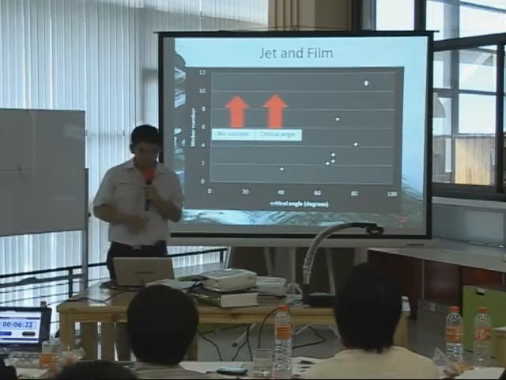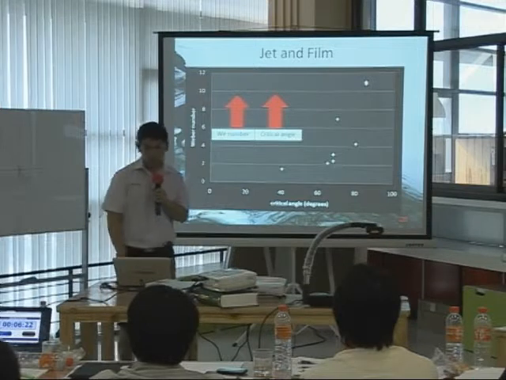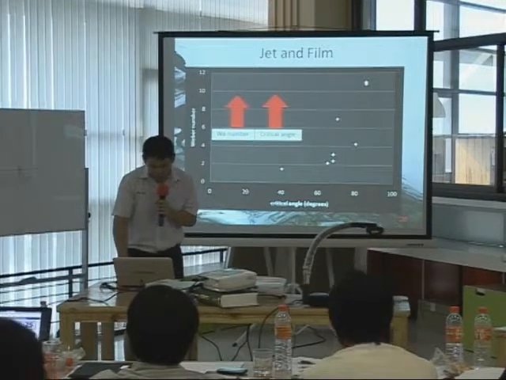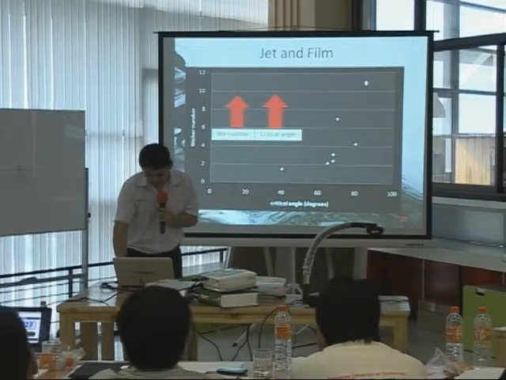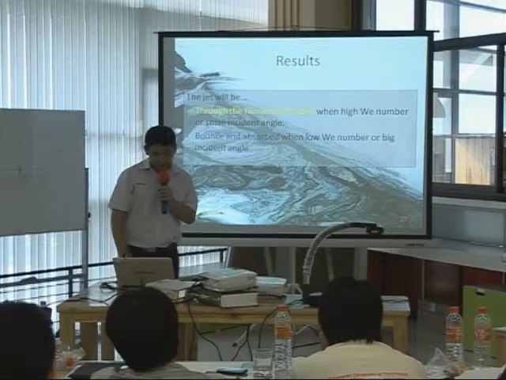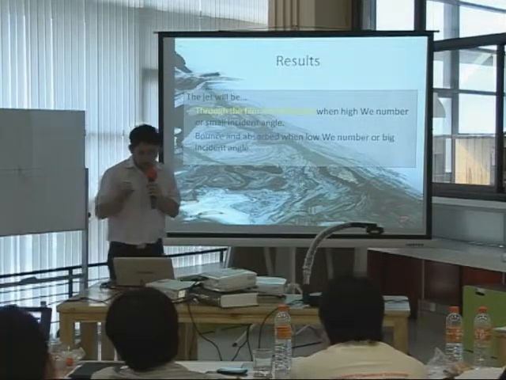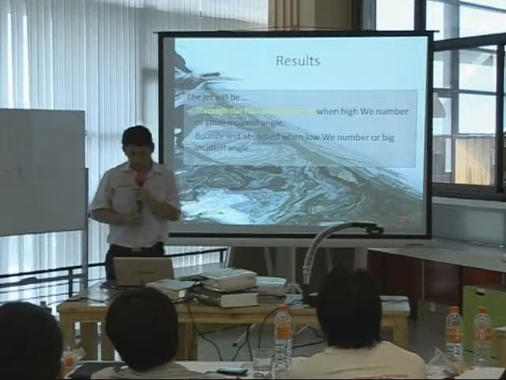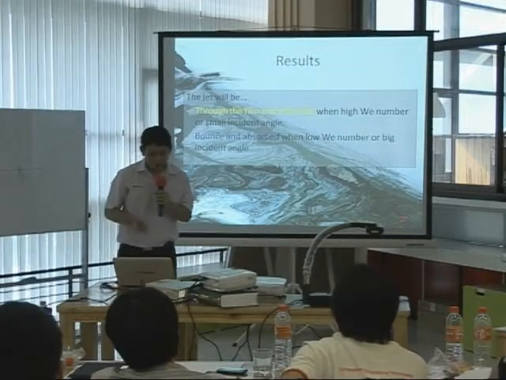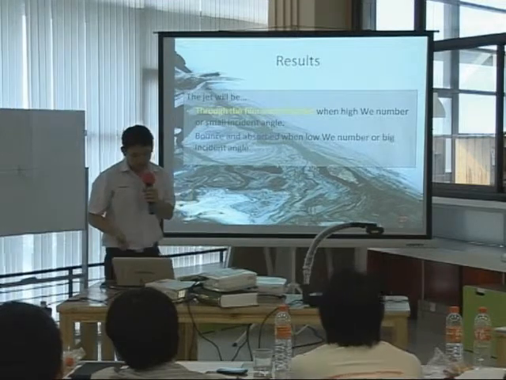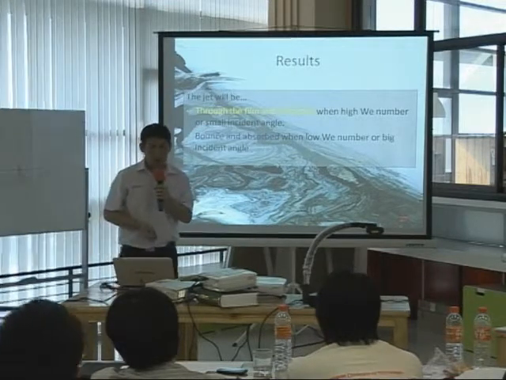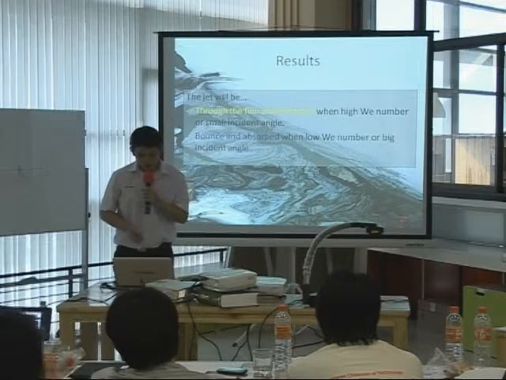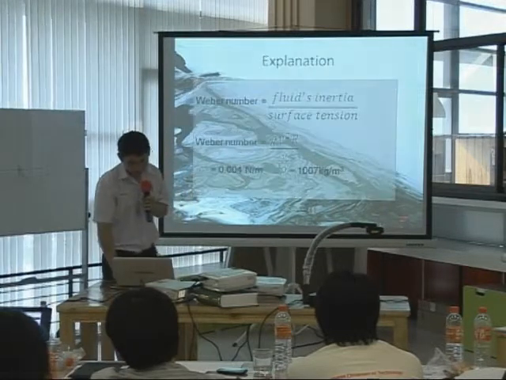You can see when the Weber number increases, the critical angle will increase. And we know from the graph that the jet will go through the films and be refracted at high Weber number or small incident angle. But the jet will be bounced and absorbed at low Weber number and big incident angle.